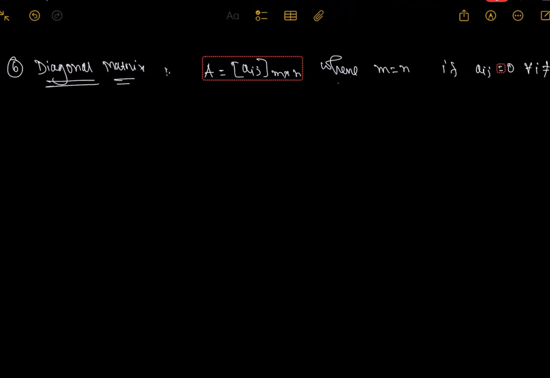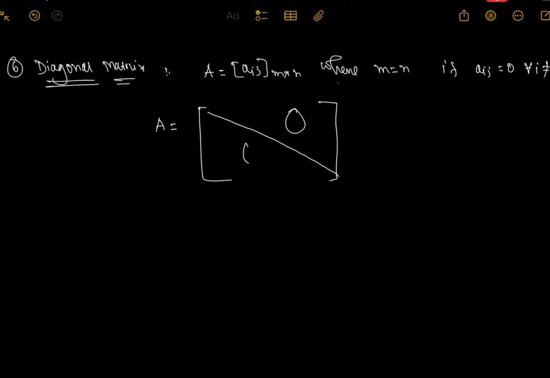It looks like A equals this, m cross n, with Aij 0. Suppose that for all i not equal to j, this implies that A12 is 0, A13 is 0. These are the above diagonal and below diagonal elements.